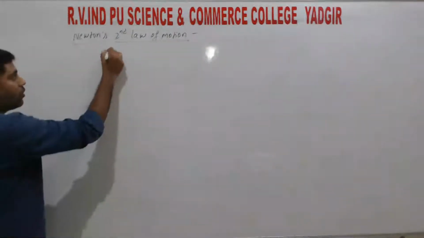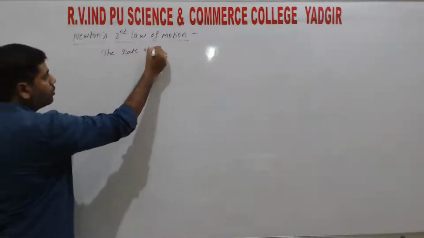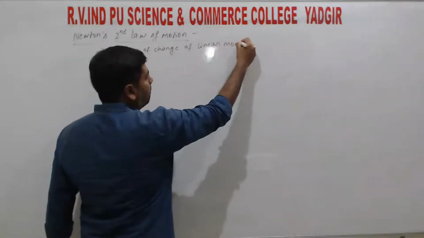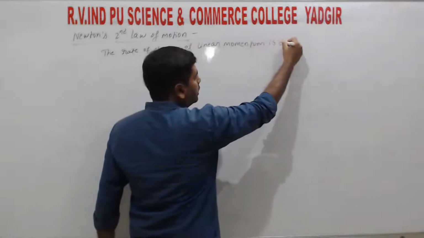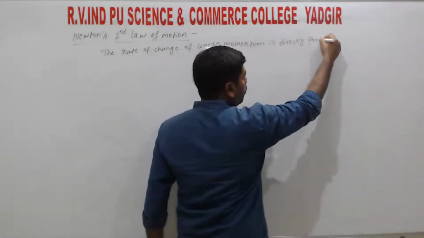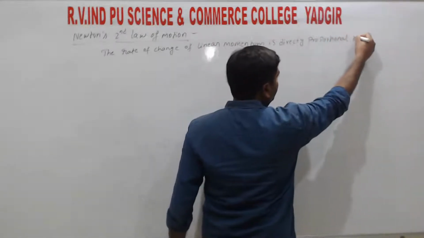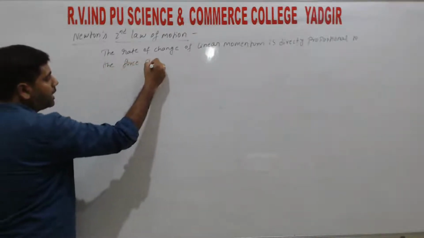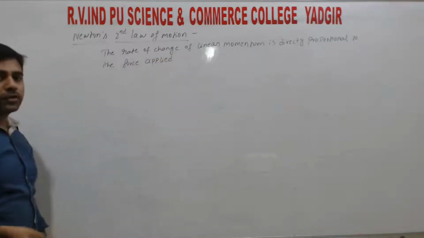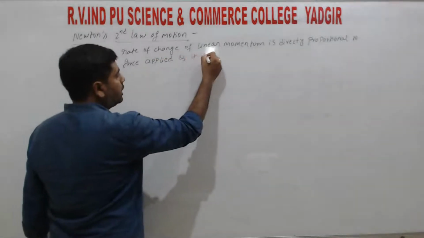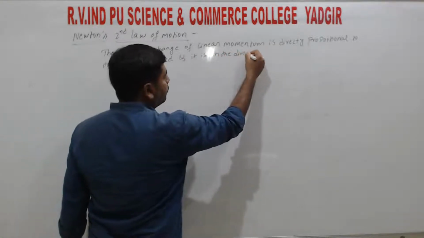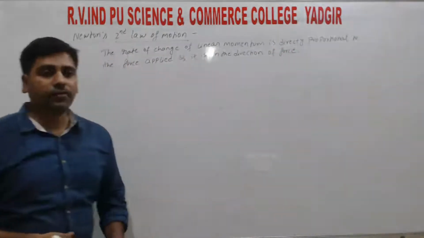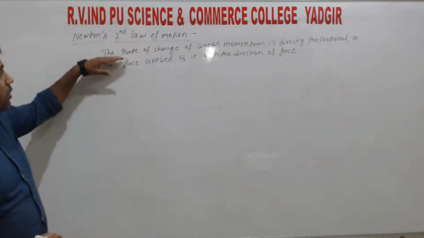So the statement is: the rate of change of linear momentum is directly proportional to the force applied, and it is in the direction of force, right? So this is the statement of the second law of motion.